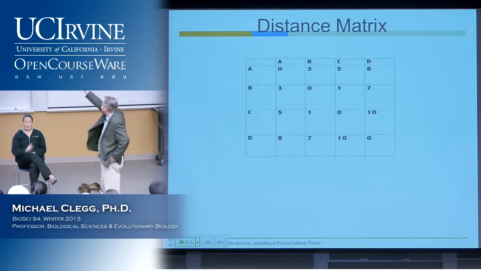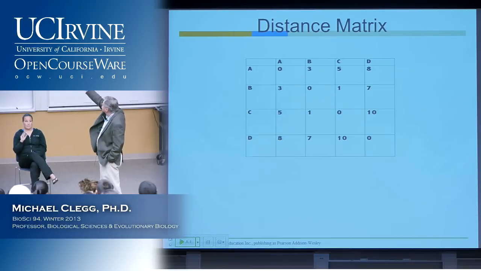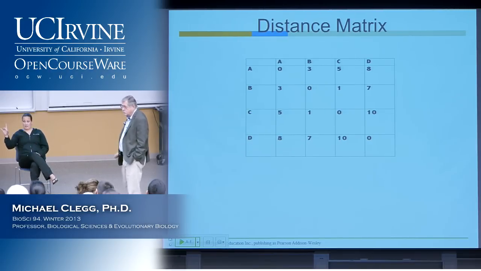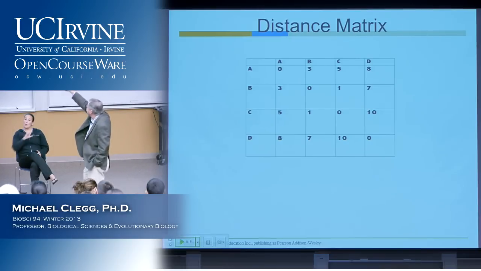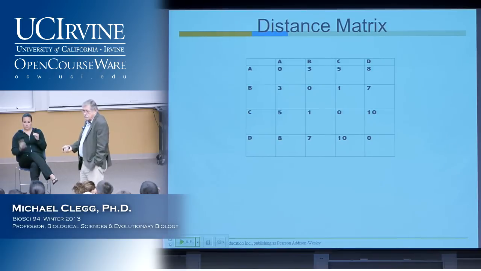So here's an example. This is the matrix. The similarity measure between A and B is 3, between A and C is 5, between A and D is 8. Okay? So clearly A is more similar to B than it is to C or D by this measure, whatever it is.